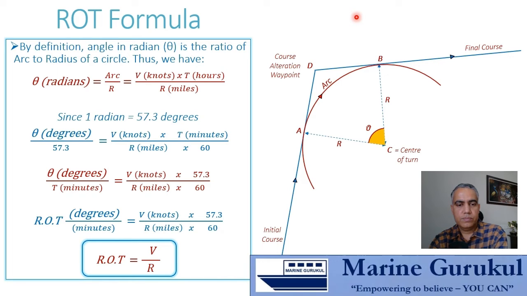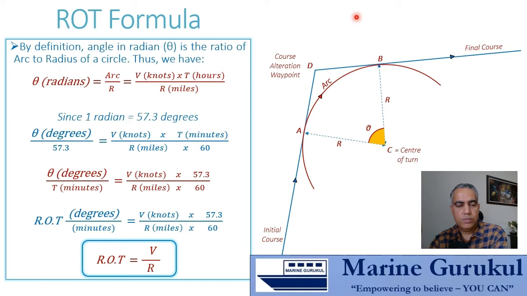Now whenever we are in open sea, usually the speed is not touched, not varied, and the radius can be adjusted as per our requirement. So to achieve the required rate of turn, we can modify the radius of the turn as required whenever the vessel is in open sea.